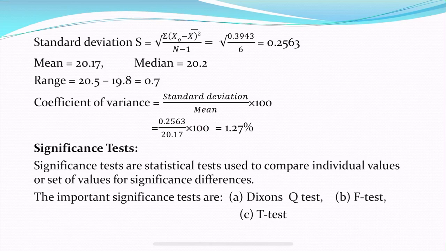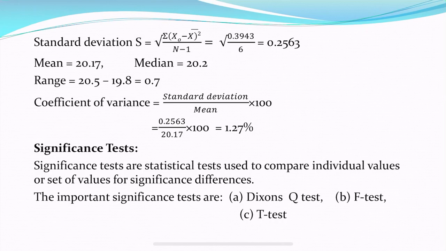Later on we took an example where an analyst analyzed a sample of platinum spectrophotometrically and obtained 7 different results using the spectrophotometry instrument. He found out the mean, how to calculate mean deviation, and with the help of that, how to find the standard deviation, and with the help of standard deviation we also calculated the coefficient of variance.